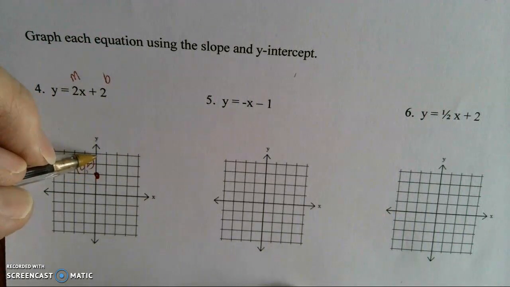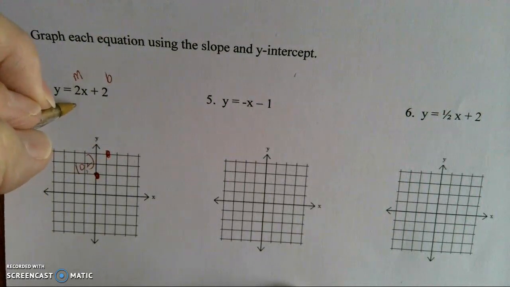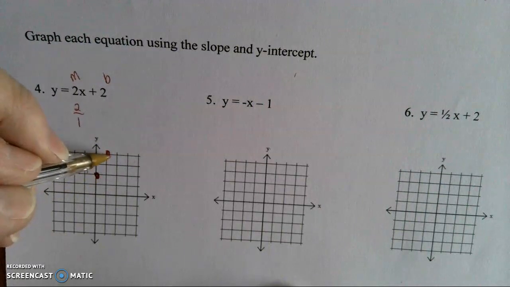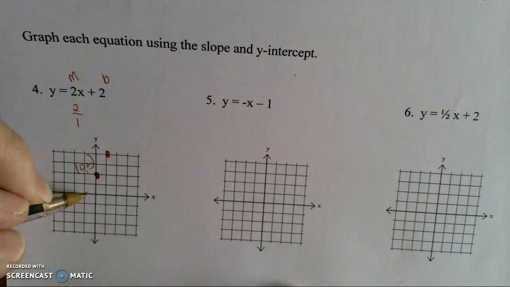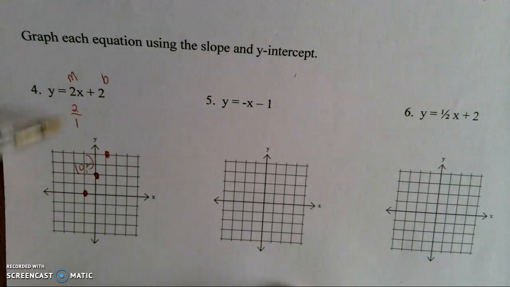up 2 and over 1, because remember, slope is always that rise over run. So I'm going to go up 2 and over 1, and then I'm just going to put this point right here as well. I am going to go down 2 and to the left 1. That still keeps that as being a positive slope.